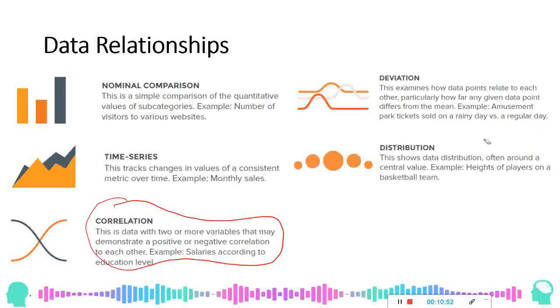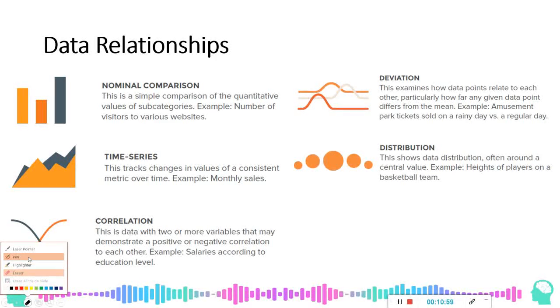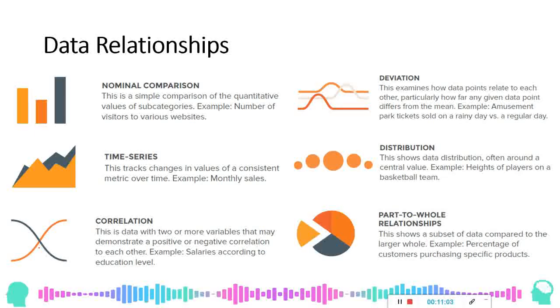Okay, let me padam all those conteng first. Another one we have is part to whole relationship. This one basically dia nak tengok sama ada subset of data, the subset of data tu compared to the whole data set, how does it react.